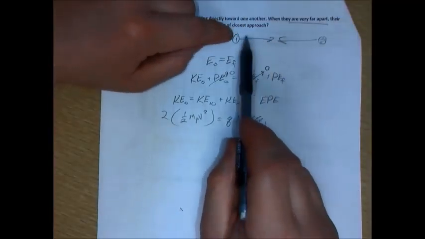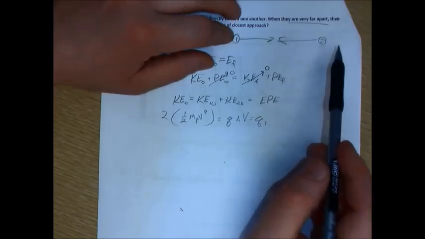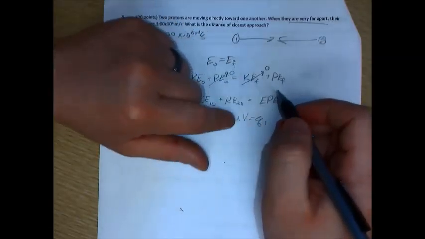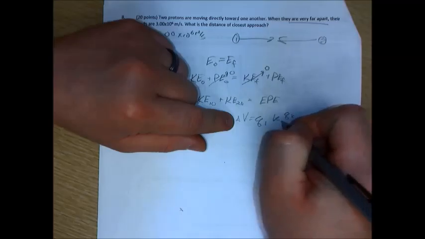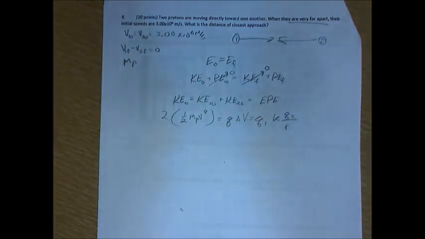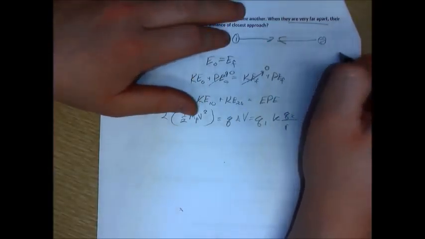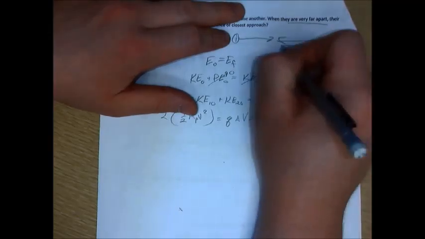So I'll look at the charge 1 and the potential from charge 2. So that's defined as Q1, and then the potential difference of the second charge is K Q2 over R. So this is the potential difference in bringing charge 2 in from infinity out to this position in relation to charge 1.